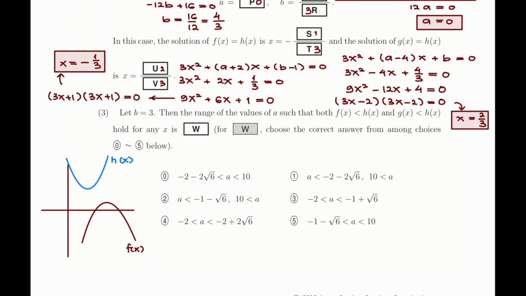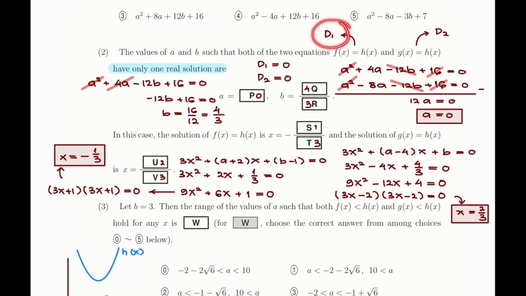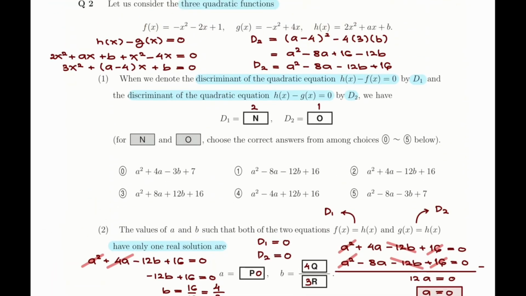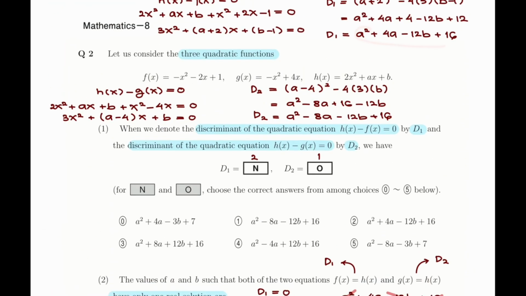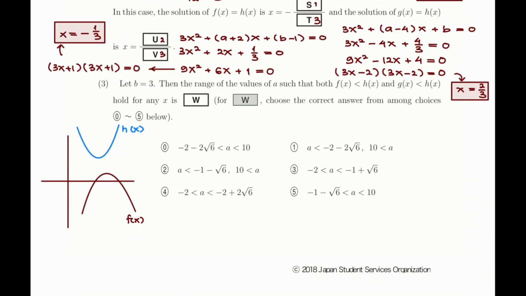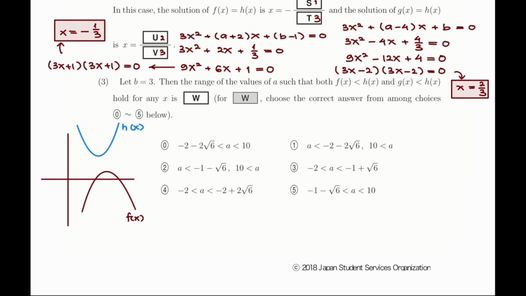So, since f and h do not intersect with each other, the discriminant of h minus f, which is D1, must be less than 0. This is my discriminant for my first function, so this one is less than 0.